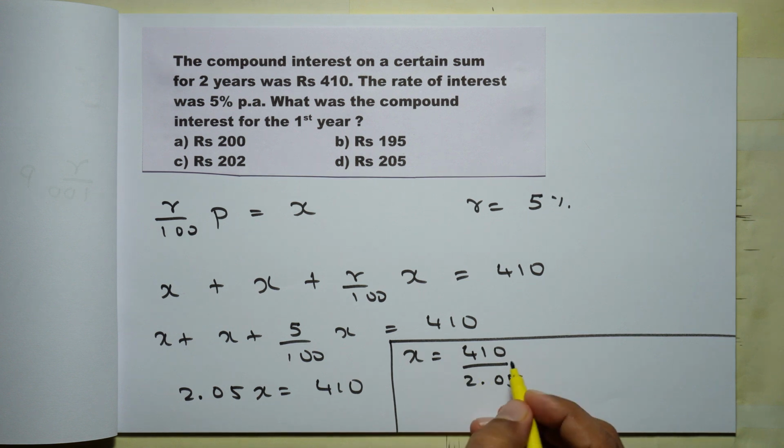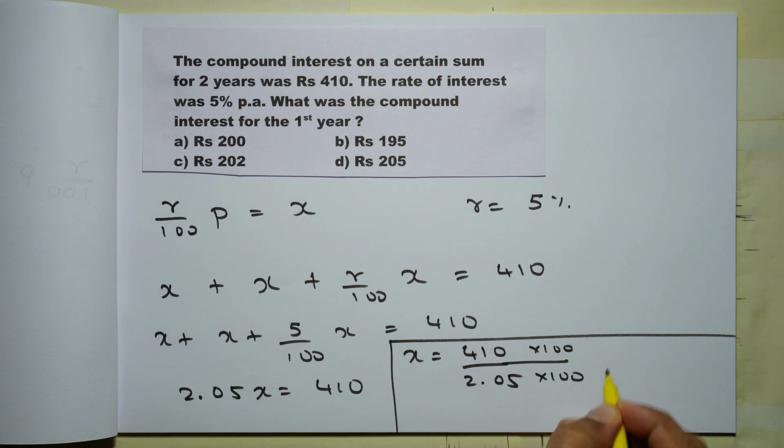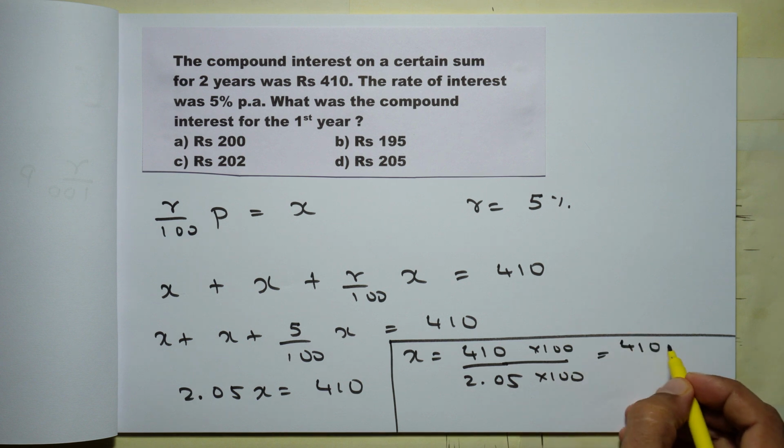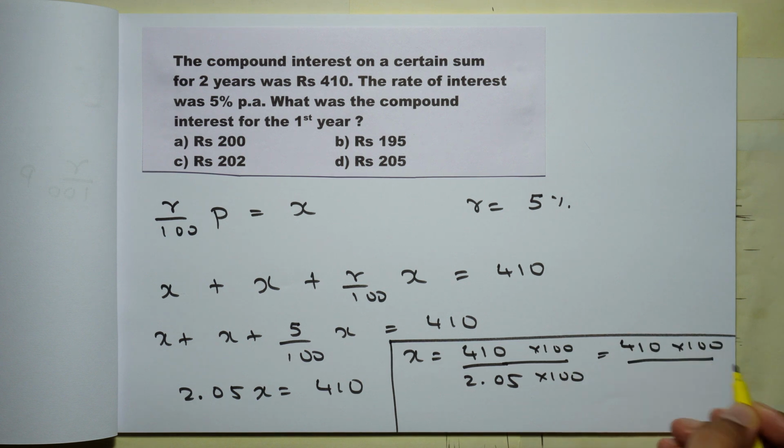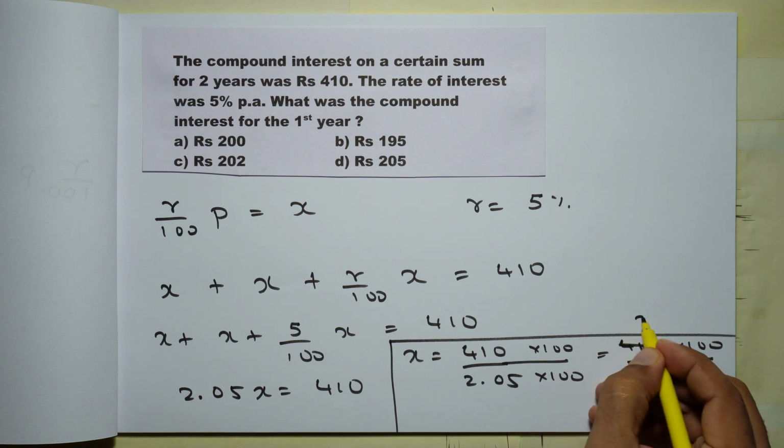Now just to make it easy, we'll multiply both numerator and denominator by 100. So this will be 410 into 100 by 2.05 into 100, which gives you 205. 205 divides 2 times, 410 divides 2 times.